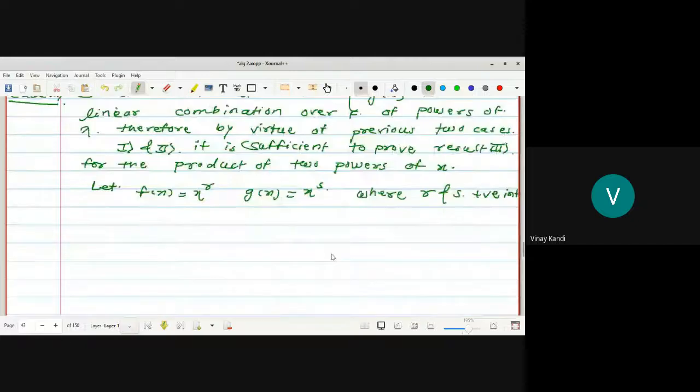So what we have, f(x) into g(x) is equal to x raised to r into x raised to s, which is x raised to r plus s.